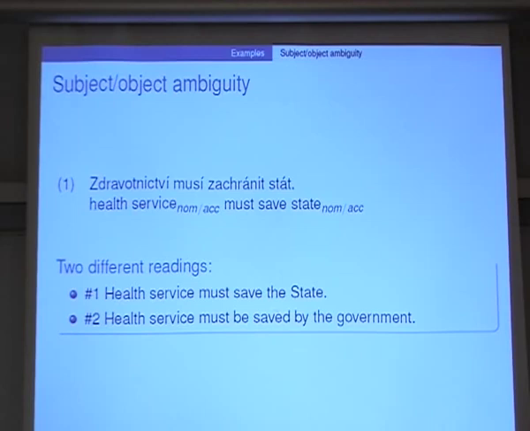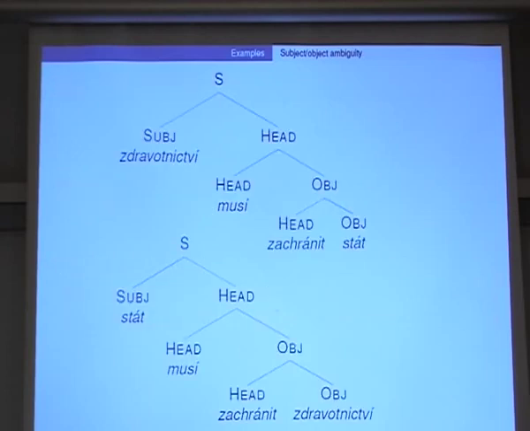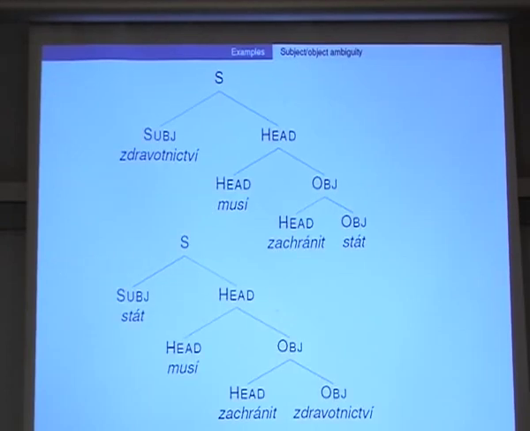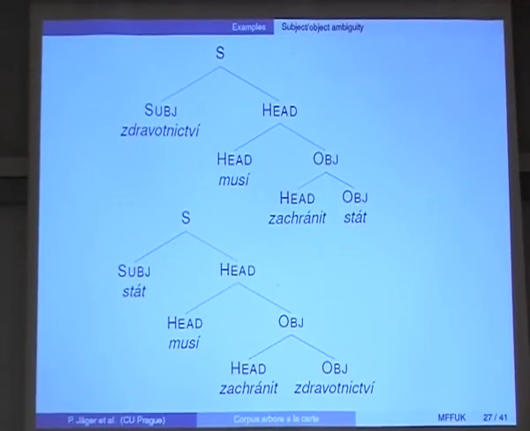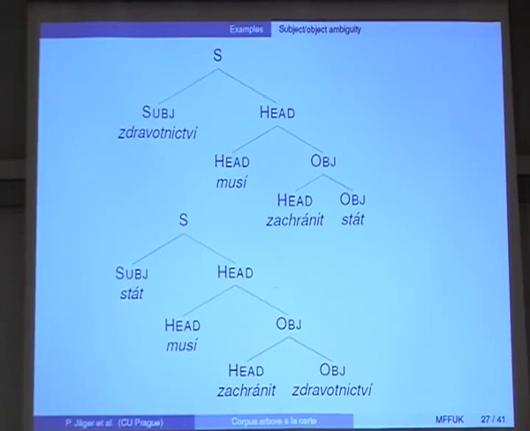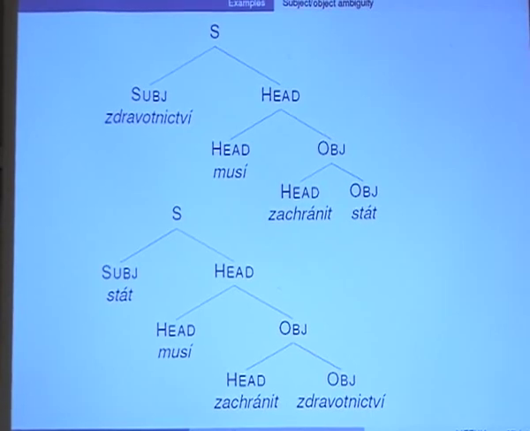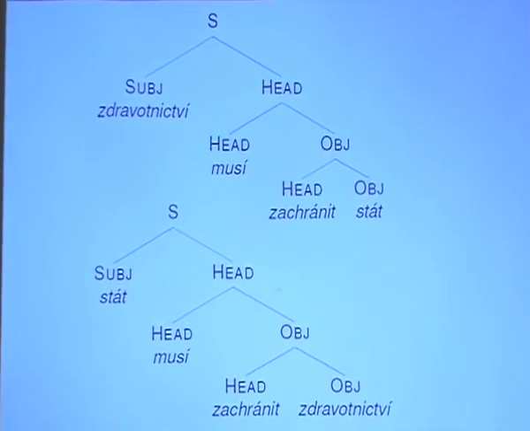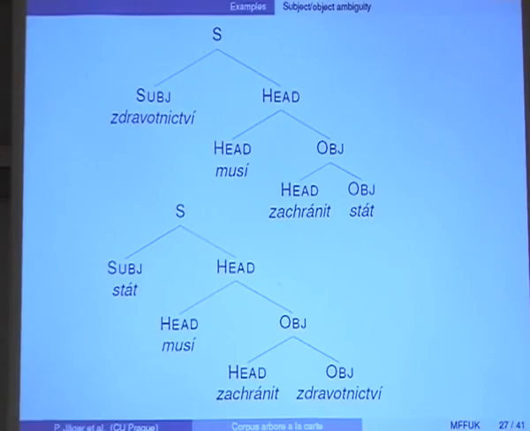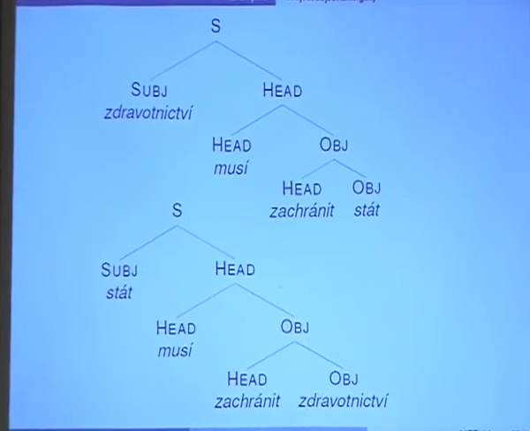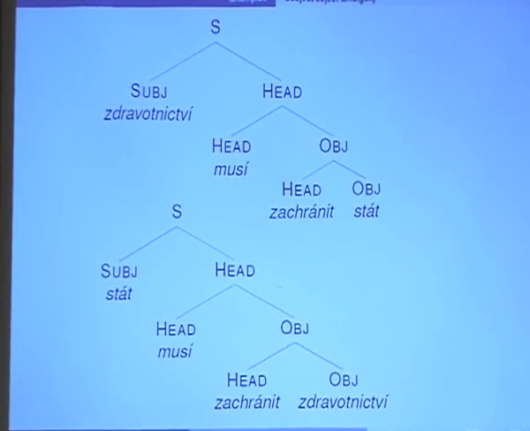In Czech, this is expressed by different cases, and this is how we shall represent these two meanings. You see, the structures are the same, only zdravotnictví subject and stát object have changed places. This is the only difference in these constructions, because this is a surface syntax. Zdravotnictví is subject in the first sentence, stát is subject in the second sentence. Here we also see how the functions are distributed.